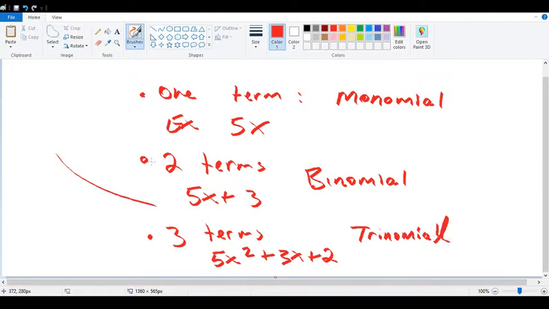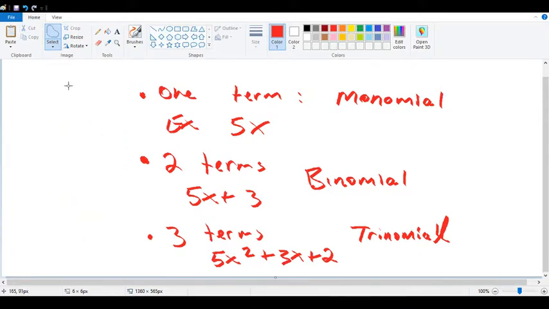If I have four terms, then we say it's a polynomial with four terms. If I have five terms, then we say it's a polynomial with five terms, and so on.